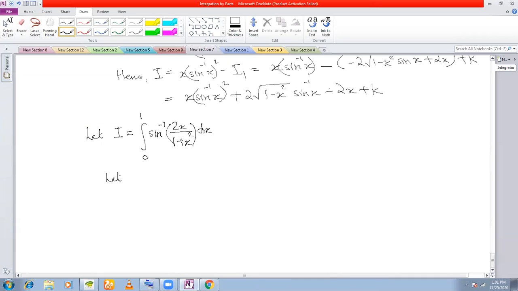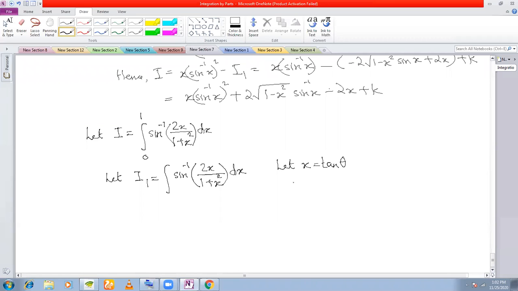Okay, so what you do here is, let us evaluate the indefinite integral first. Let I1 is equal to integral sin inverse 2x by 1 plus x square dx. Now what you do here? You know the formula that sine 2 theta is 2 tan theta by 1 plus tan square theta. So let us put x is equal to tan theta.